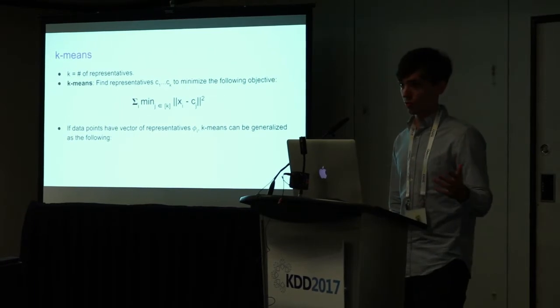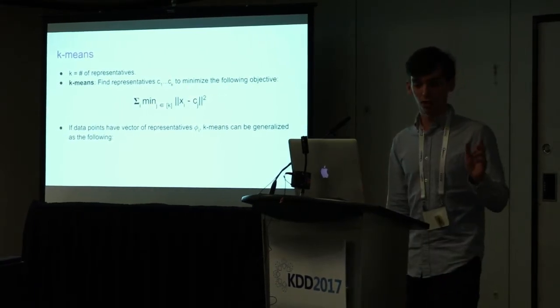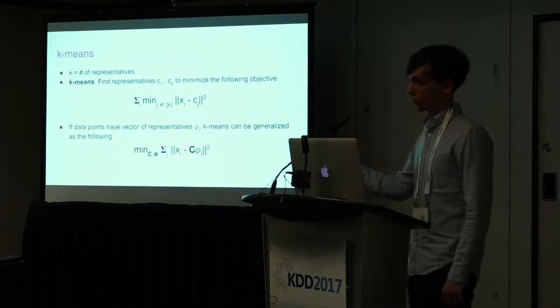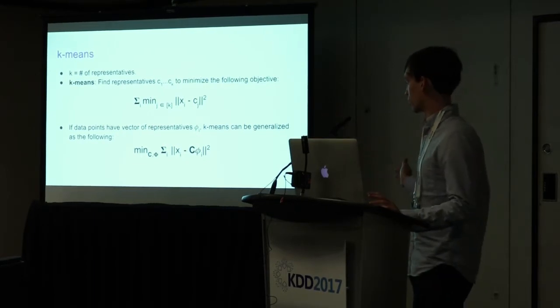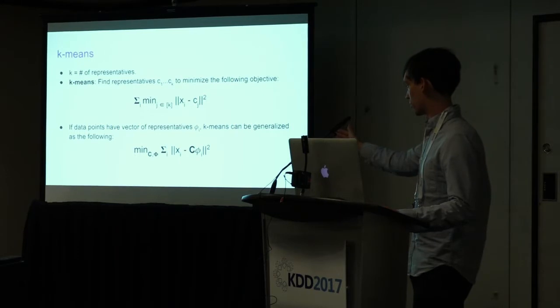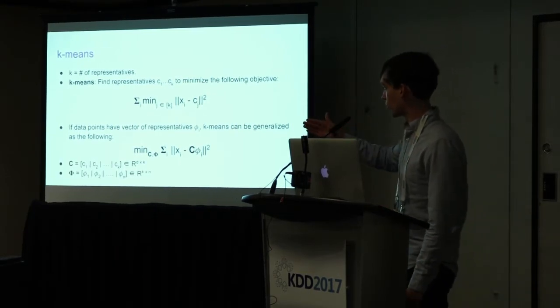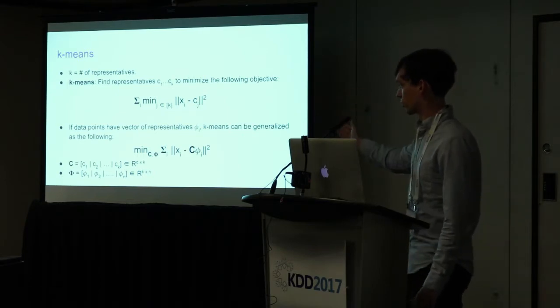There's a generalized version of kMeans where each data point has a vector of representatives, or a coefficient vector, with one coefficient for each representative. In this generalized version, the matrix C is the matrix of all the representatives, and each phi i is the coefficient vector for each data point.